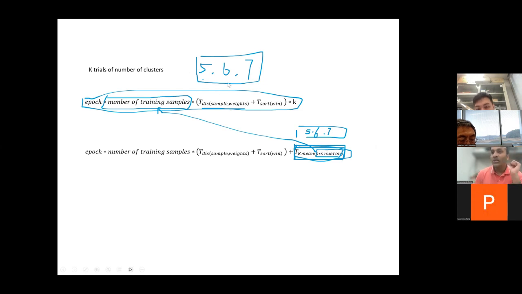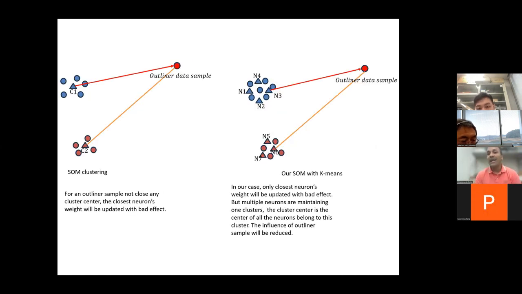Now another thing, what is the advantage? When you don't define, for example, the number of neurons in the output, we are reducing the outliers.